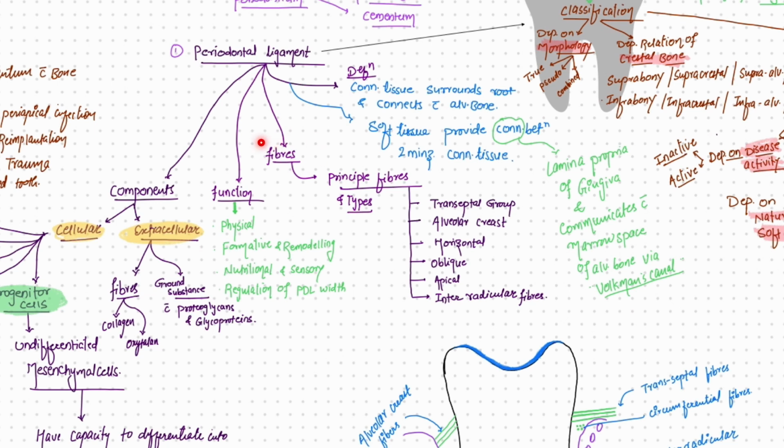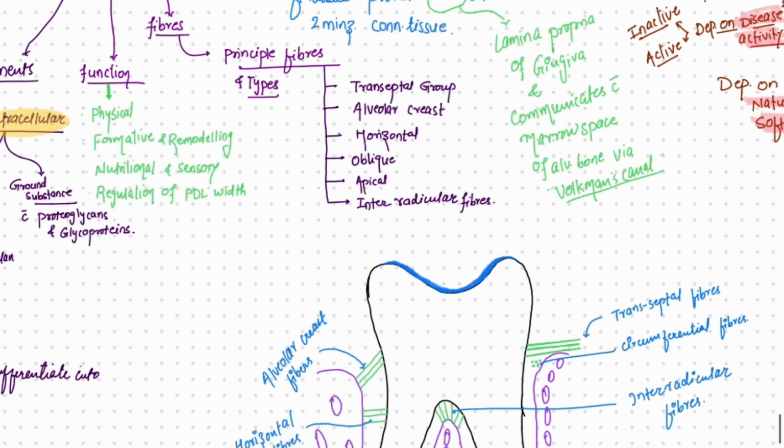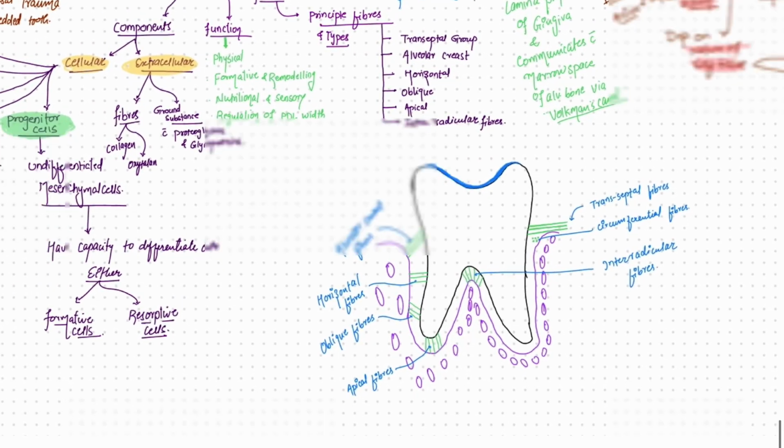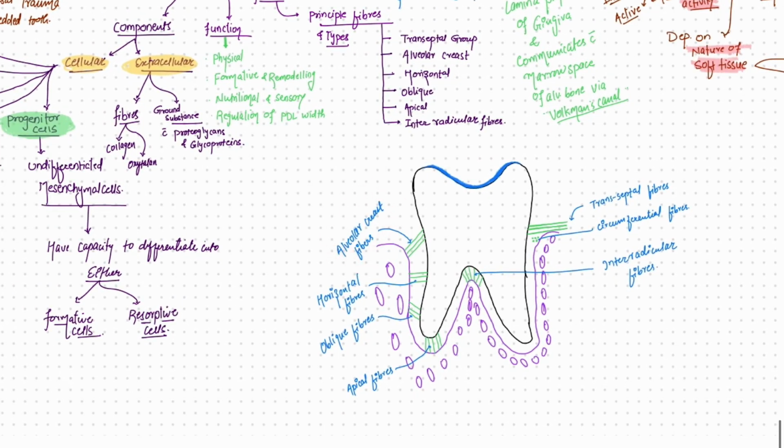Then what are the component fibers? This is a question for 3 marks in the first year as well as in the final year. So what are the fibers? There are the principal fibers. What are the types? These are the transseptal group, alveolar crest, horizontal, oblique, apical, and the interradicular fibers. Here we can see a diagram of the periodontal ligament fibers. You can see this is the alveolar crest fiber. Then these are the horizontal fibers and these are the oblique fibers.